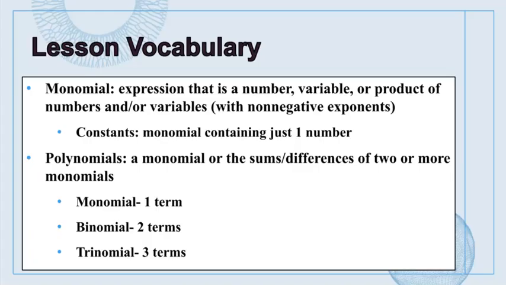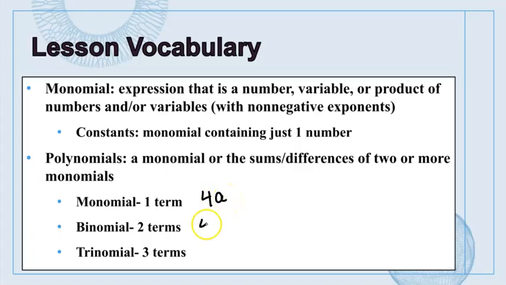Monomial, we've just gone through, is one term. So it's one group of numbers and/or letters. A binomial is two terms. So that's two groups of numbers and/or letters separated by plus or minus signs. So if I said some examples, a monomial could be like 4a.